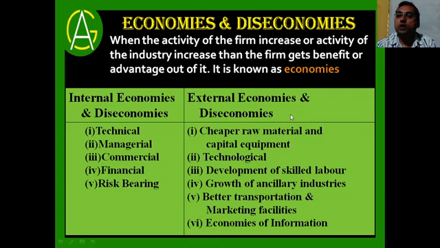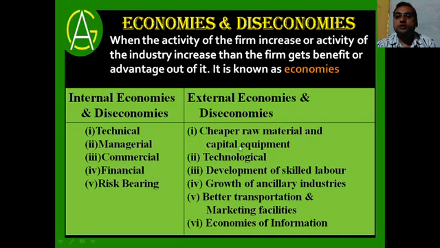It means that if the firm has selected a better location, these advantages will be available to it. If the firm's location is not properly selected, these advantages will not be available, and rather it will create a disadvantage for the firm.